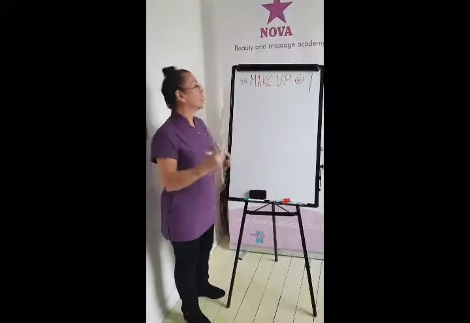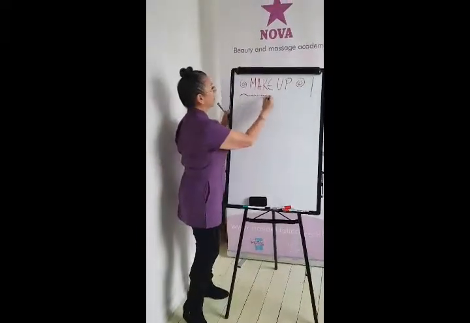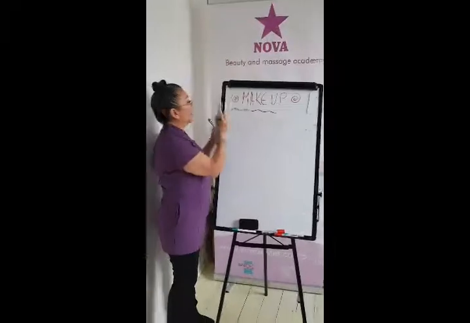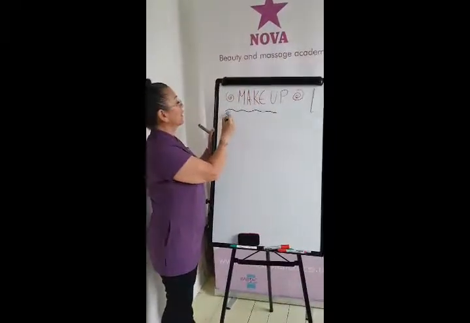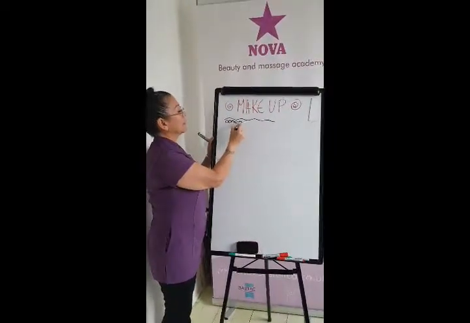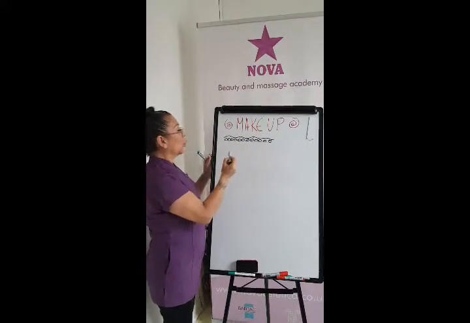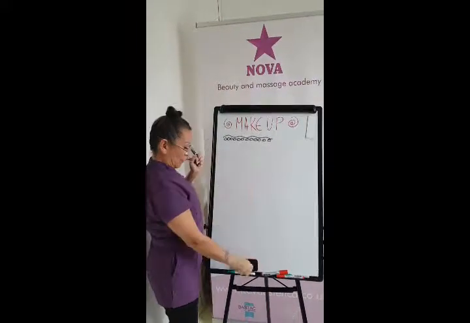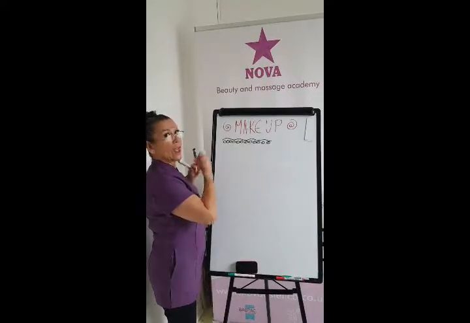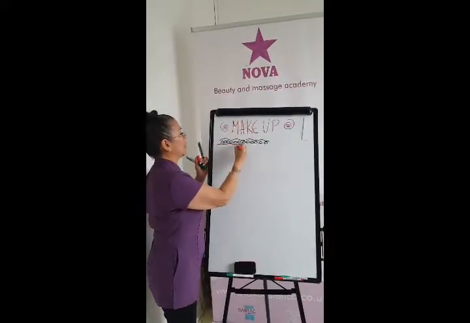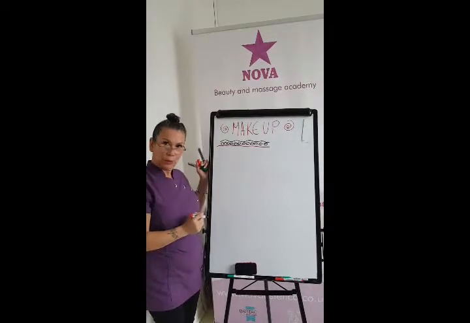Now, if we look at the skin, and what we said earlier, that we do have fat cells that connect us with the muscle, we need to look at the next one, which is the muscle.